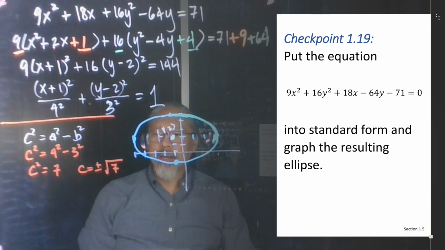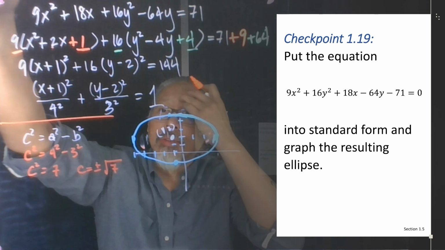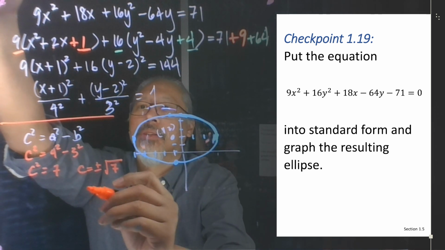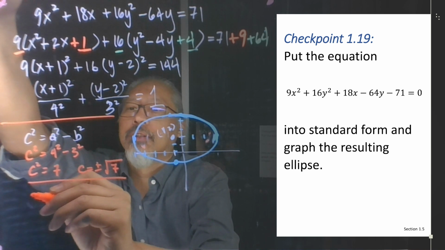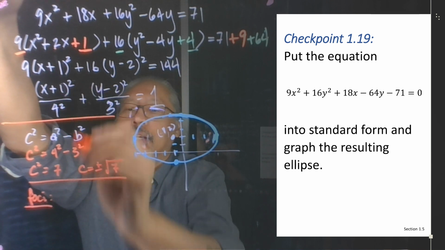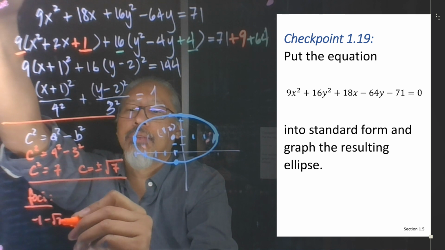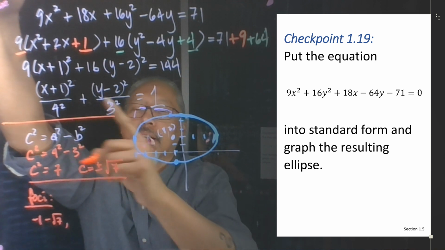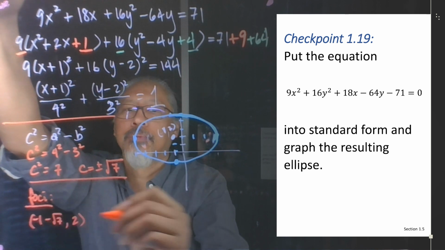Okay, so now that we know that, we will add square root of 7 and subtract square root of 7 from the x value. So one foci is going to be -1 minus square root of 7, and that's your x value, and your y value will remain 2.